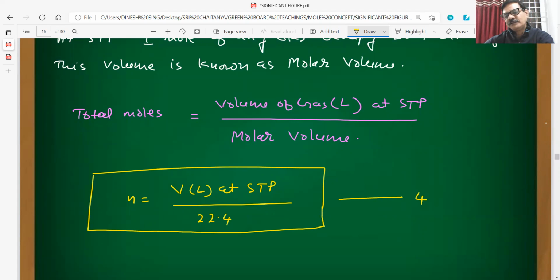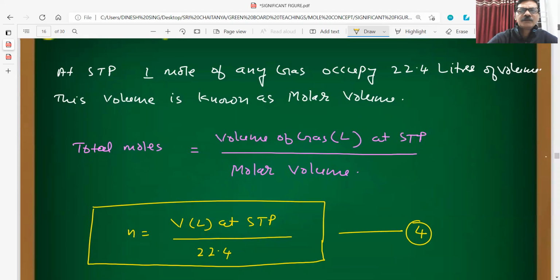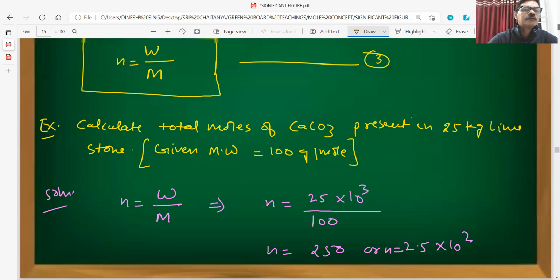So these are the basic formulas to calculate the number of moles. If the volume of the gas is given at STP, when we divide that volume by 22.4 liters, then we will get the number of moles. So till now we have a total of 4 formulas.